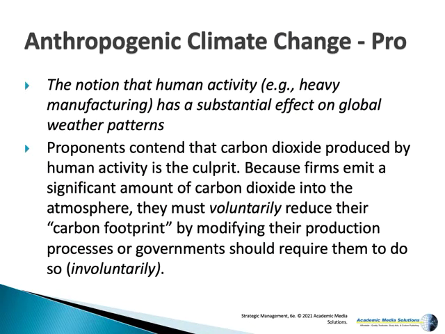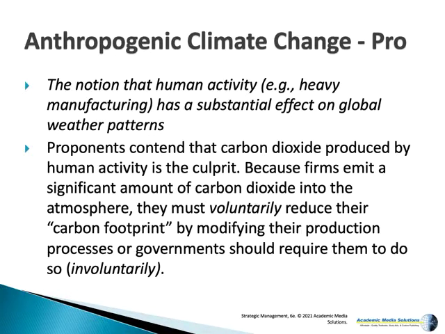Well, this brings up the topic of what we call anthropogenic or human-induced climate change. Just a quick synopsis of this debate: there's a notion that human activity, specifically heavy manufacturing, has had a substantial effect on global weather patterns. This is the prevailing logic among many in business and government today. The proponents of this view contend that carbon dioxide produced by human activity is the culprit, and that essentially it comes from manufacturing.